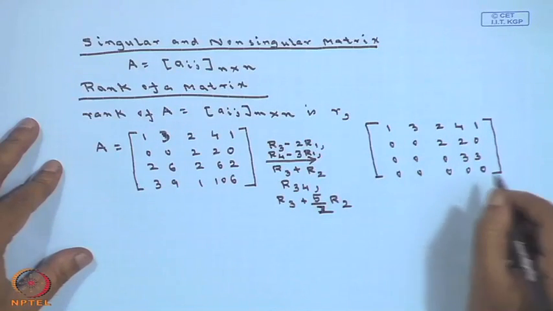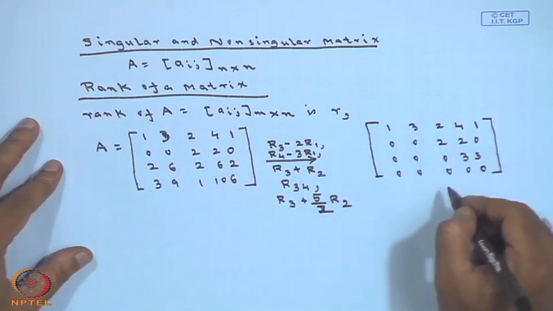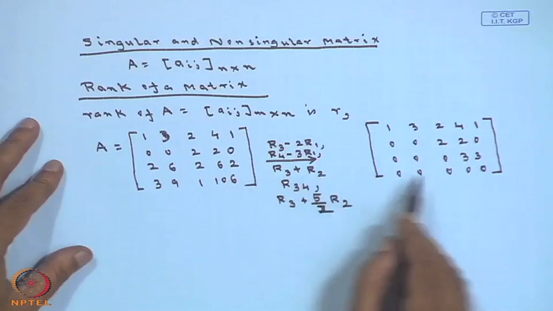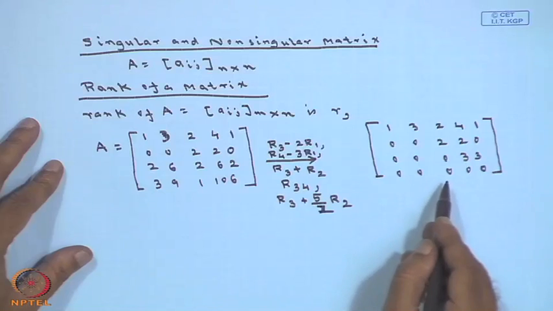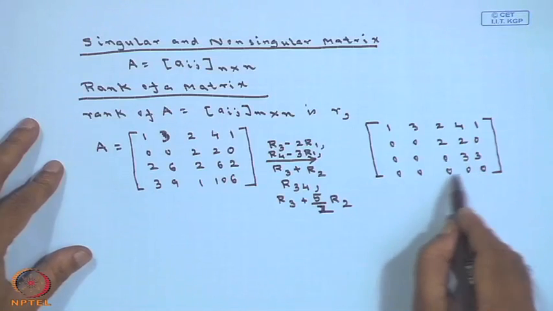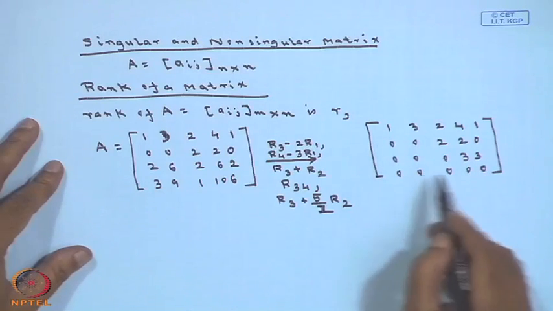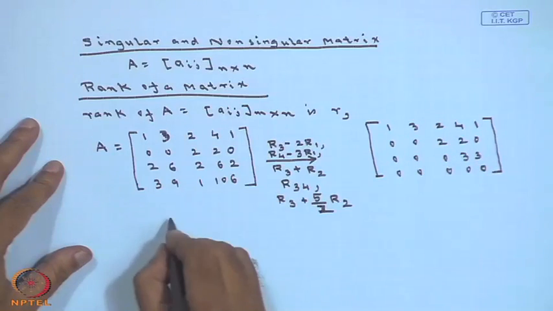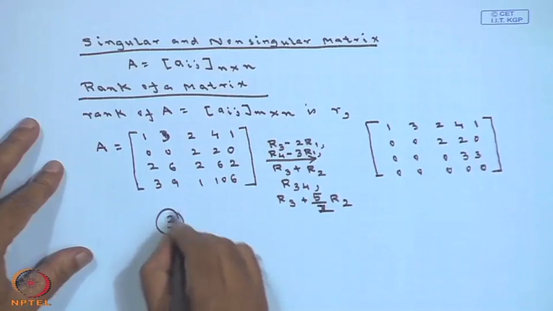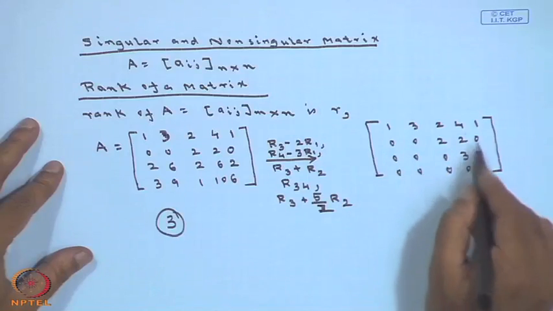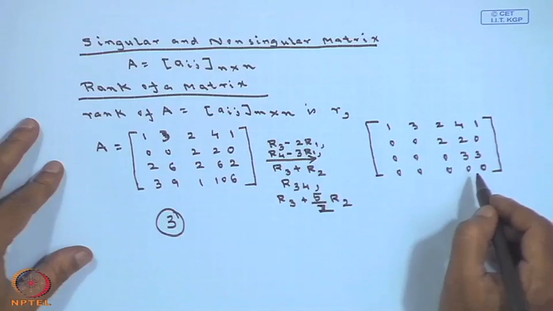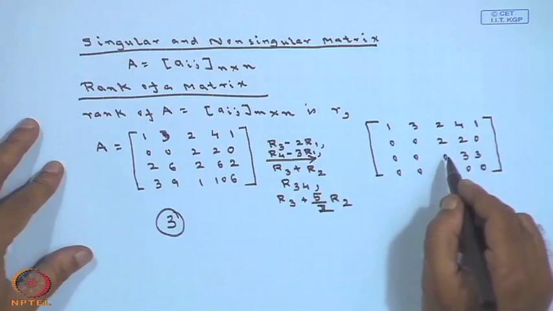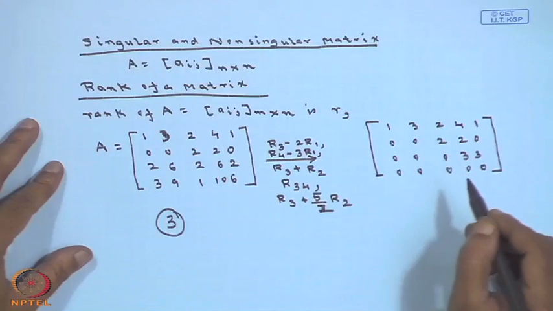So, what is the rank of this matrix now? The original matrix was this. Using row operations, we transformed it into this one, where the last row is 0. The rank will be 3, because any matrix of order 4 will have determinant 0, as one row is 0.